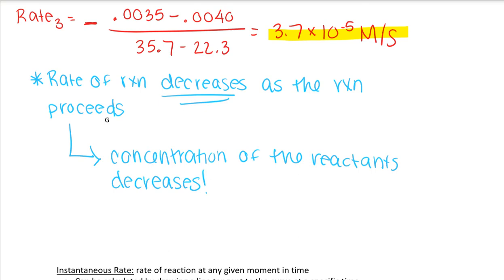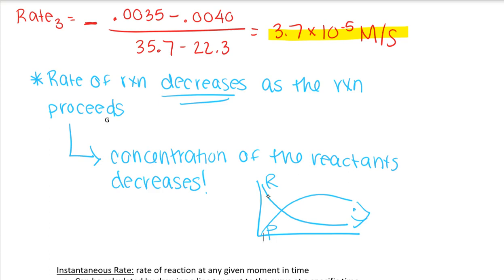That goes back to our little fish diagram. So again, reactants decrease, the products increase. So as the reaction goes on, the concentration of the reactants goes down, which means there's less reactants available. That brings us back to collision theory.